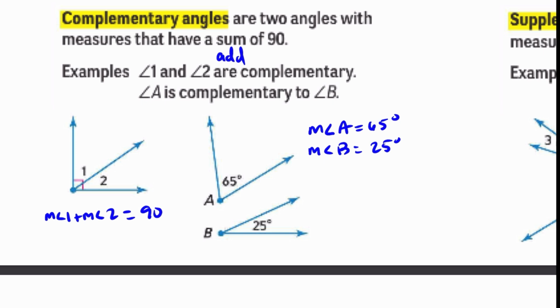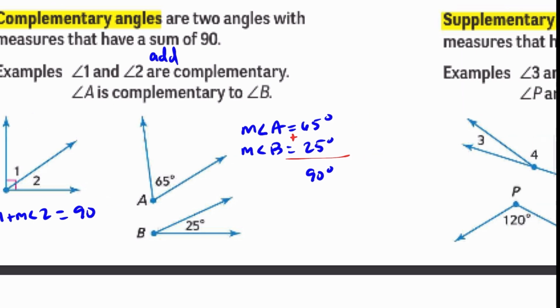So if I add up these two angles here, this will create that 90-degree angle, okay? So this angle plus this angle will make these two angles complementary to each other. All right, here we go.